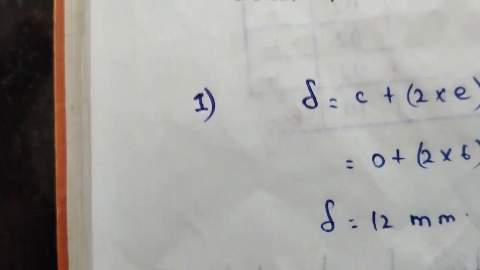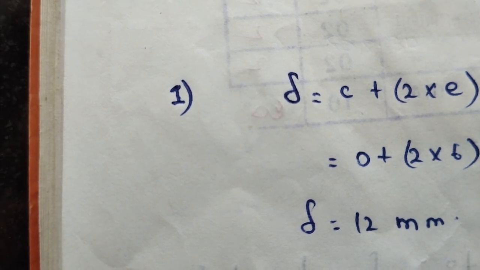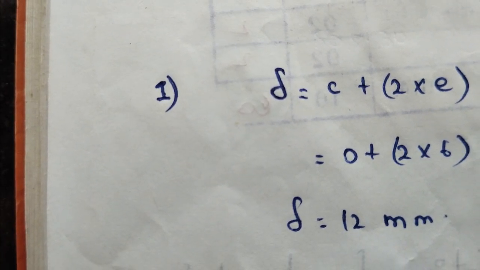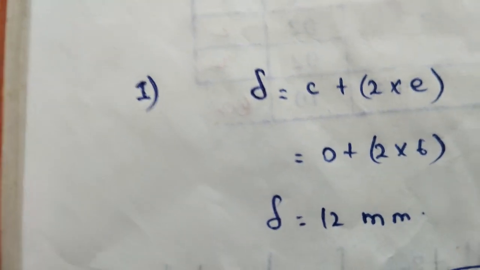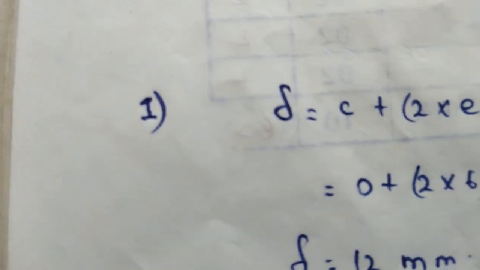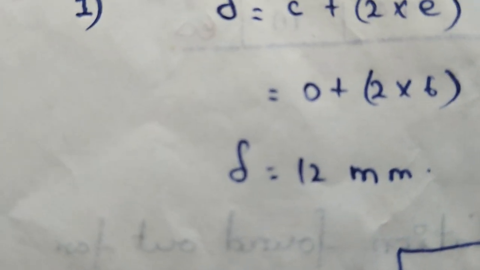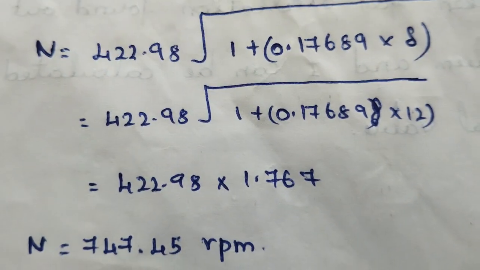Speed: we already discussed the formula. So deflection is equal to compression of the spring plus 2 into E. We have all the values, and we calculate the deflection and speed of the cam jump.